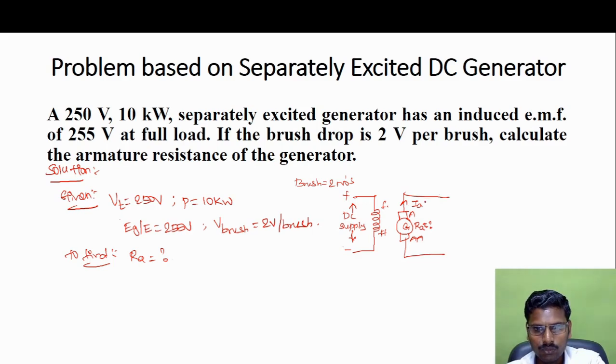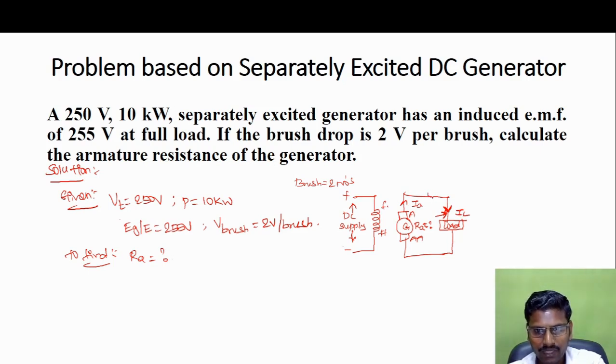Now this is connected to a load, and the current flowing through the load will be IL.